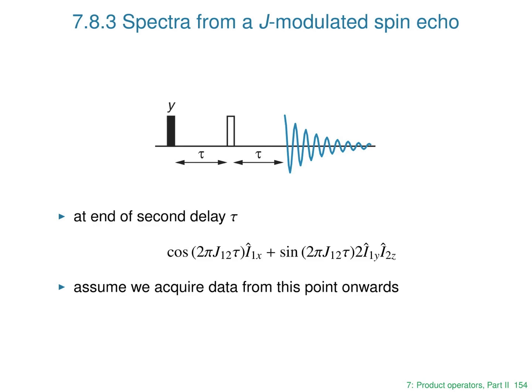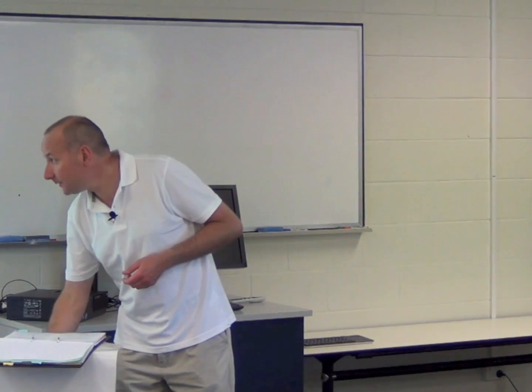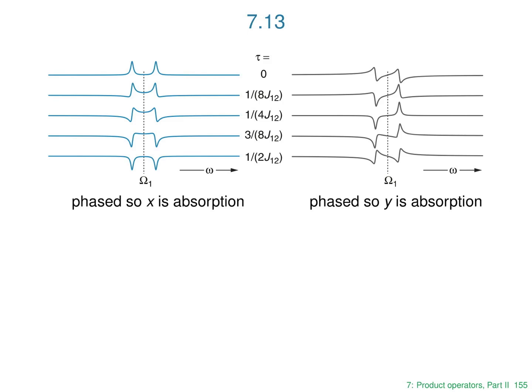So what we're then going to do is assume that after the second delay tau, we acquire the signal. And this is what you would typically see. Concentrate on the one on the left to start with. If the delay tau is 0, then this term is 1 and this term is 0. So you just see the in-phase term, and that's what you see there.